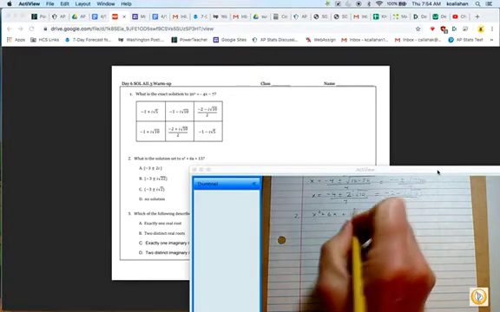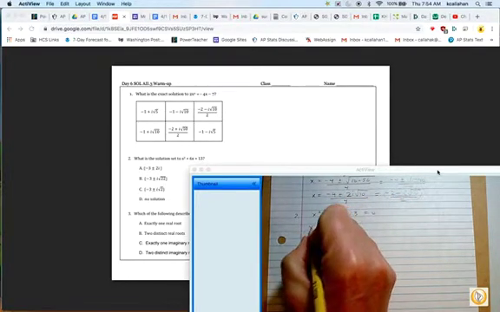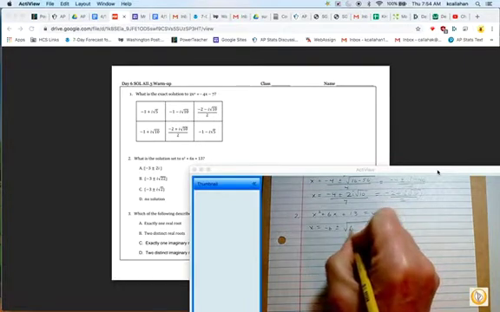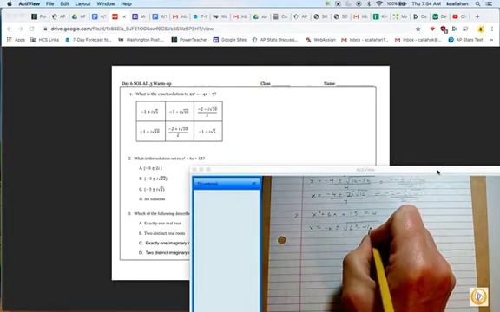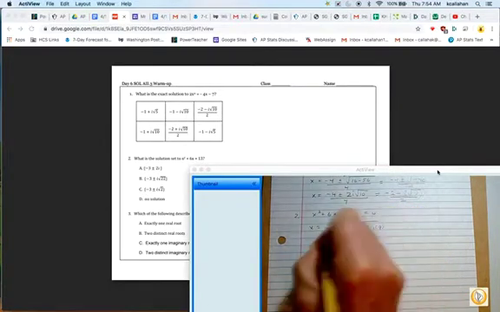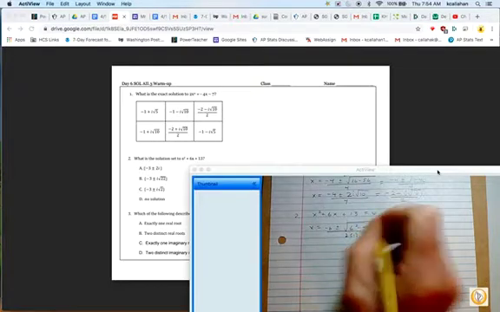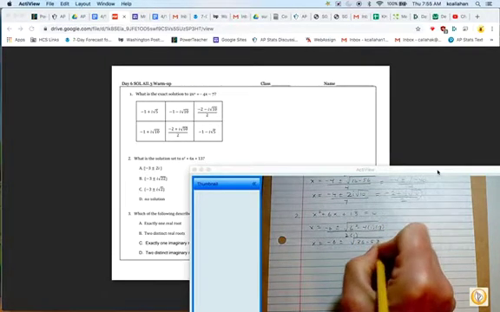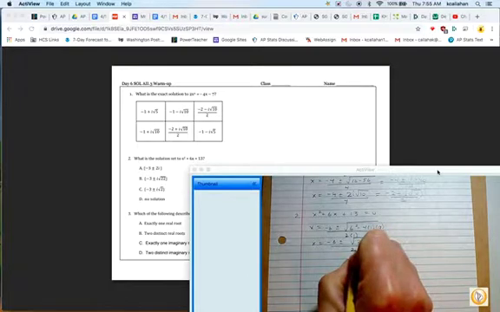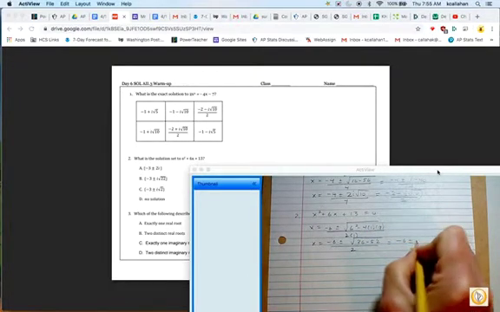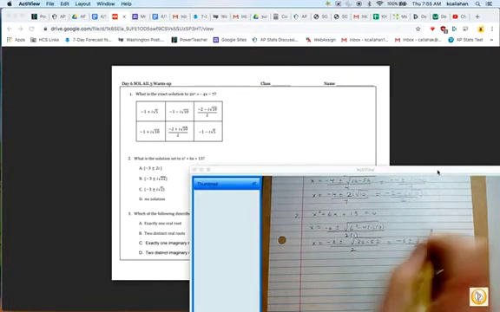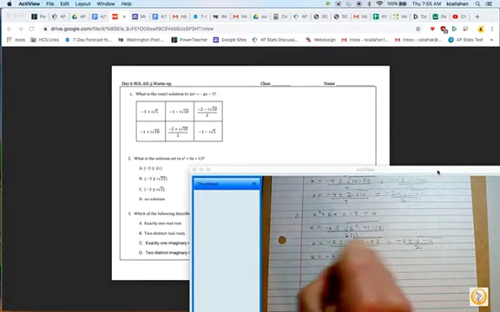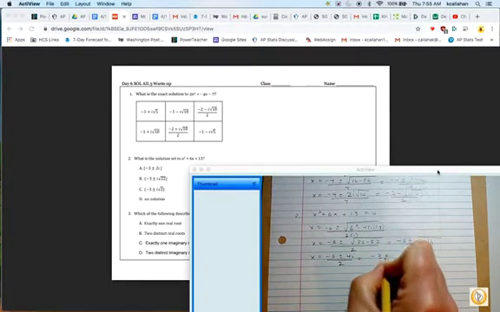That would have been x equals -6 plus or minus the square root of 6 squared minus 4 times 1 times 13, divided by 2 times 1. x equals -6 plus or minus the square root of 36 minus 52, divided by 2, which is -6 plus or minus the square root of -16 over 2. x equals -6 plus or minus 4i divided by 2, which is -3 plus or minus 2i.